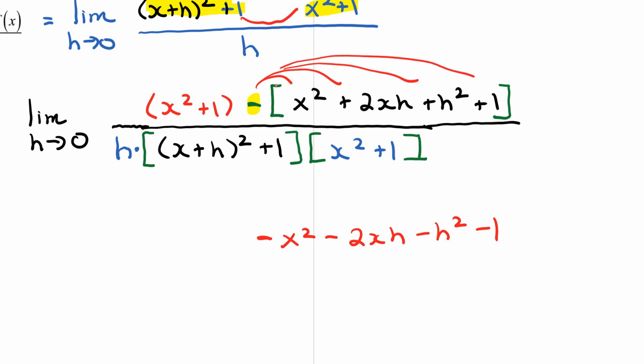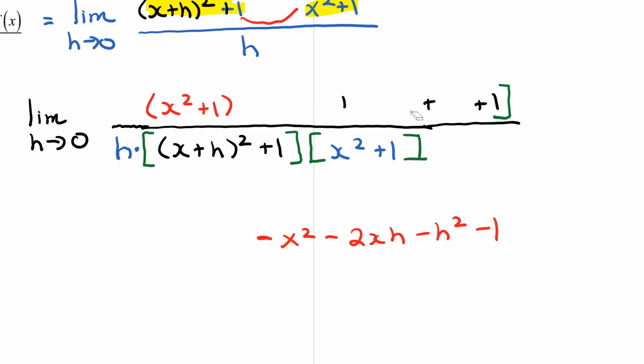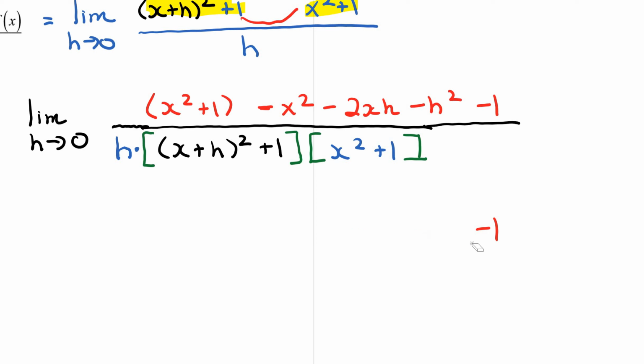So let me erase all this now, and we'll replace that with negative x squared minus 2xh, minus h squared, and then minus 1. So we're slowly decomposing the numerator there, and we can definitely get rid of these brackets, and now we can collect like terms.